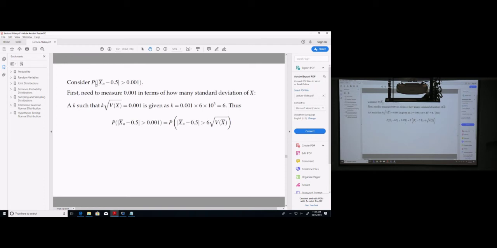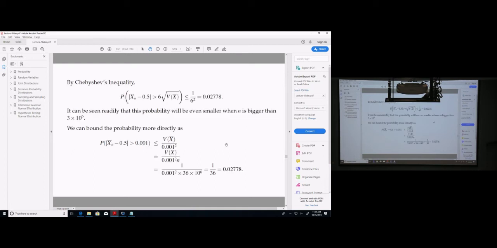Now, we consider what is the likelihood that it disappoints us. We want it to be close to 0.5 within this amount, and this is something that is outside our expectations, all right? And as a result, this is using the Chebyshev inequality, and so I will have this.